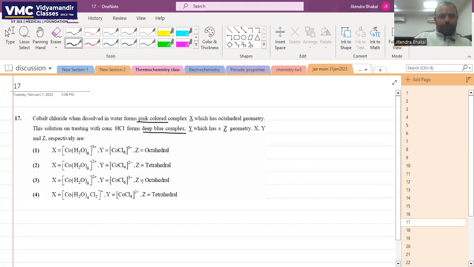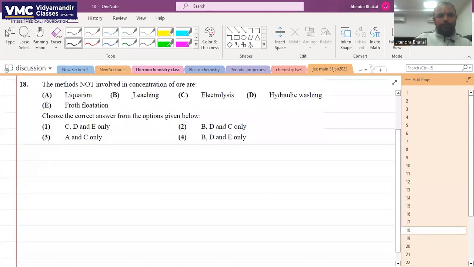So we can guess the final structure will be tetrahedral, with 4 ligands. So option 2 is the most appropriate for this. That was question number 17.